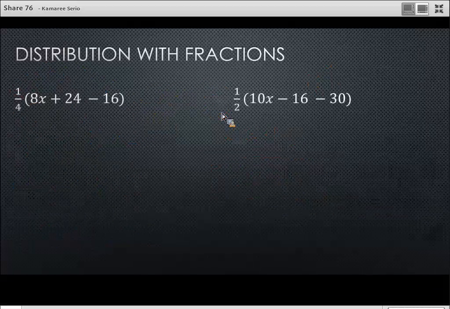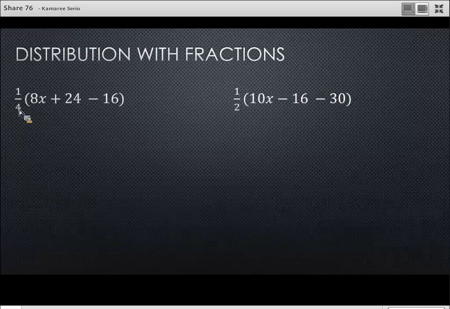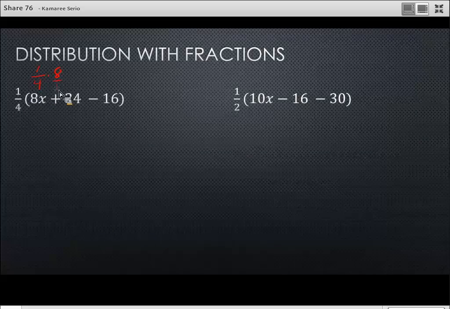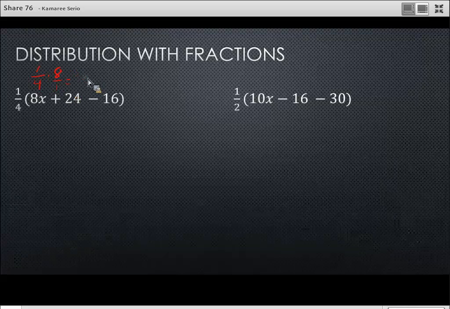I have 2 more examples that we're going to do. Remember, if I have 1/4, this is the same thing as me dividing everything in here by 4, because it's like I would do 1 times 8 divided by 4. If I pulled this out, 1 over 4 times 8 over 1, I would have 8 over 4, which is just 2.